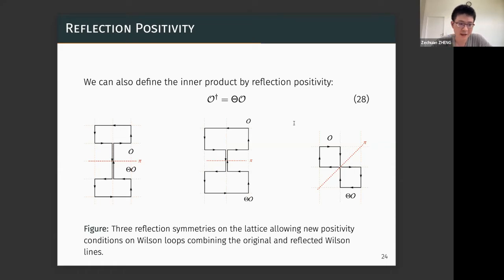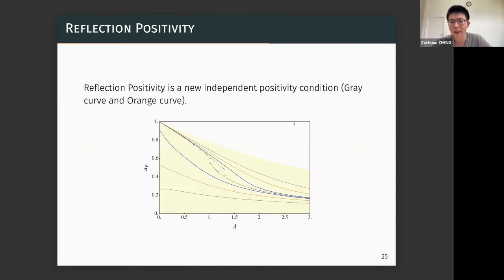So there are actually 3 types of such reflection positivity: reflection by link, reflection by the side, and reflection by the diagonal. If you take linear combinations, you can imagine that there are 3 more positivity matrices here. And this kind of new positivity condition is actually independent from the old one. Look at the gray curve and the orange curve here.